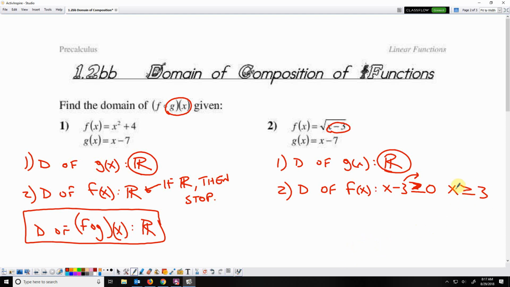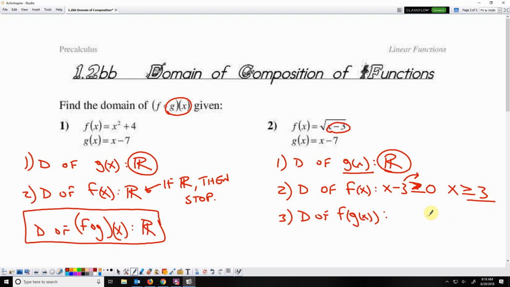The fact that this is not all reals tells me I need to move on to a step 3 where I find the domain of f of g of x. Okay? And the quick way to do that is to steal something from 1 and 2. From 1, I'll take g of x.